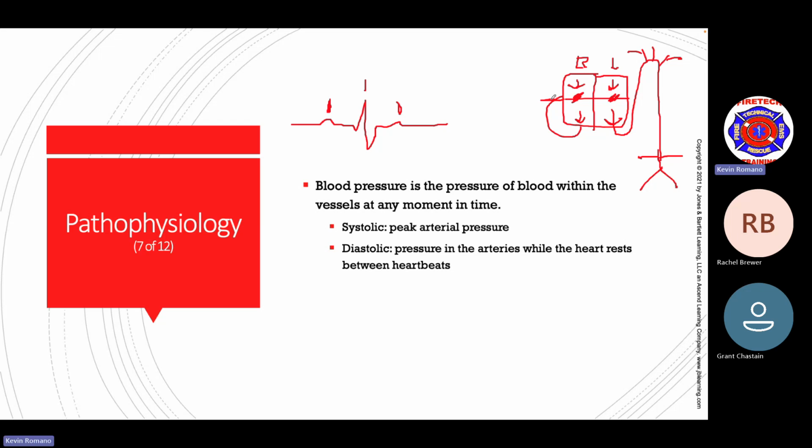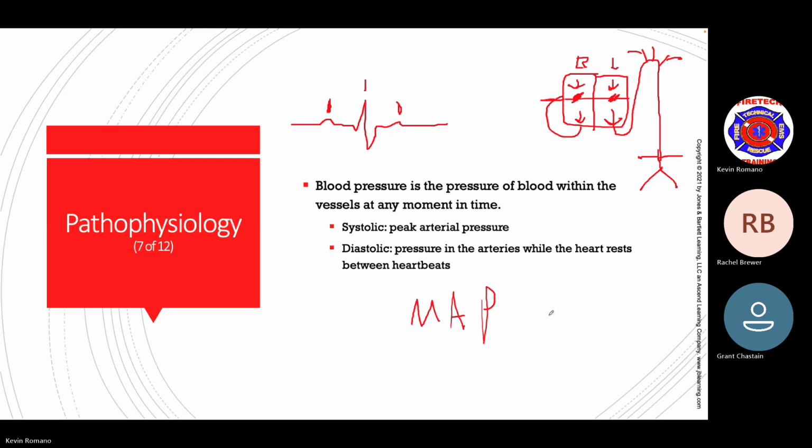We also want to know what the systolic pressure is. But the big thing behind all this is you need to know what your mean arterial pressure is. That's what we look for, especially in septic shock, hypovolemic shock, all these different shocks we talk about. We want to maintain that MAP of around 65 or higher.